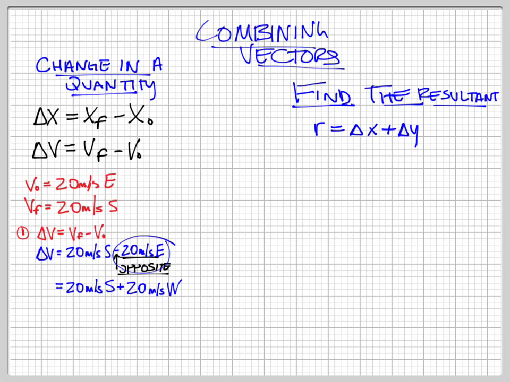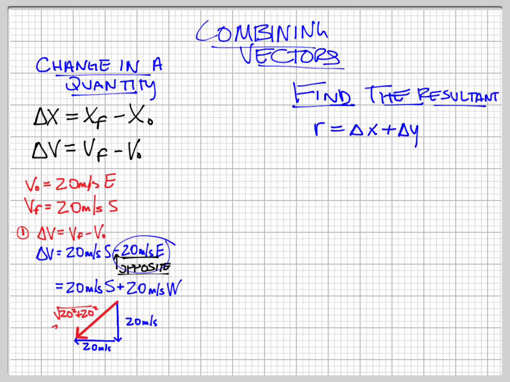Now, these are vectors. I can't just add those together and get 40. I have to do the triangle thing, which means I have to go 20 meters per second south and then 20 meters per second west. At this point, I can find my resultant. So the resultant here is the square root of 20 squared plus 20 squared.